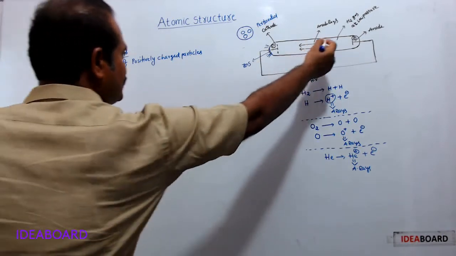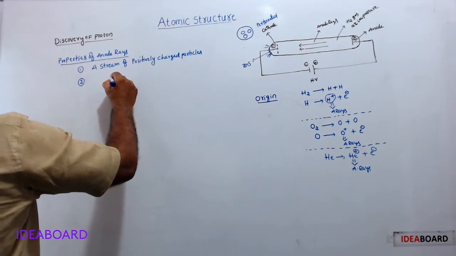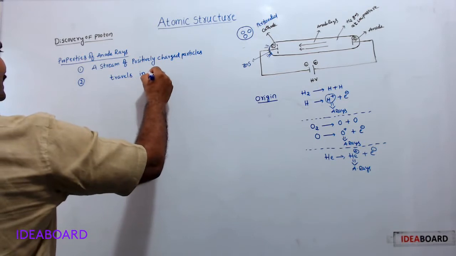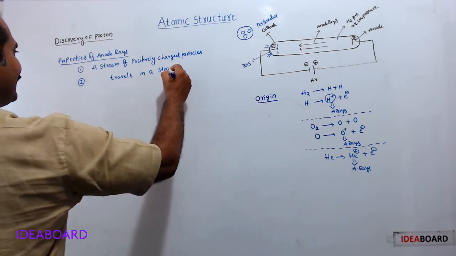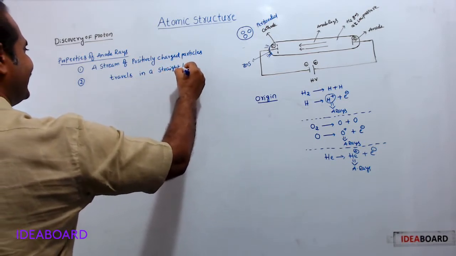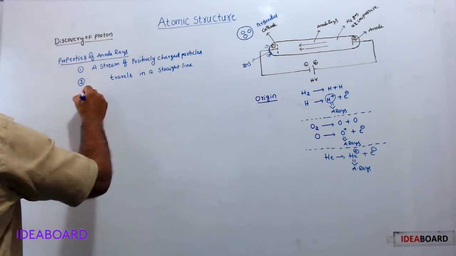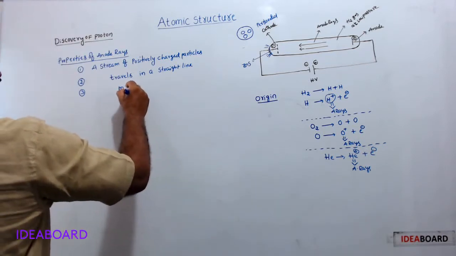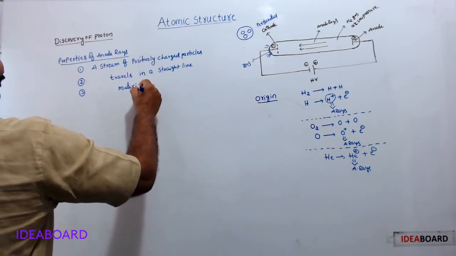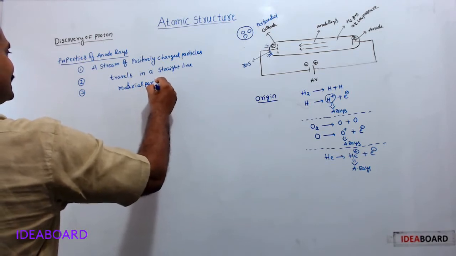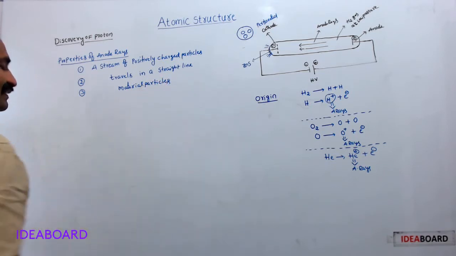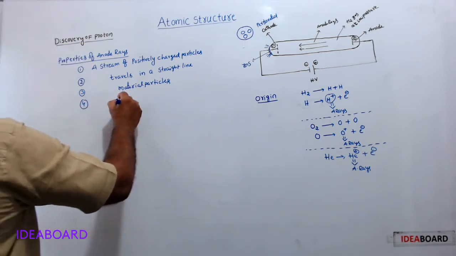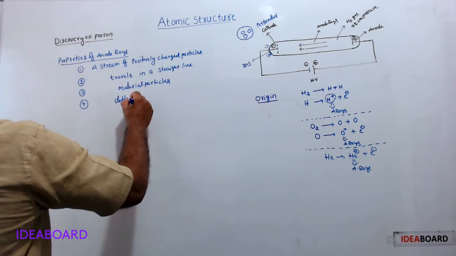Second, just like cathode rays, these also travel in a straight line. Third, just like cathode rays, these are also material particles, which means they carry definite mass.